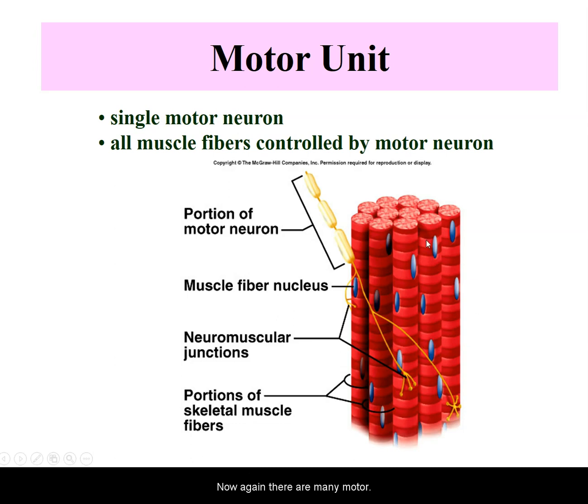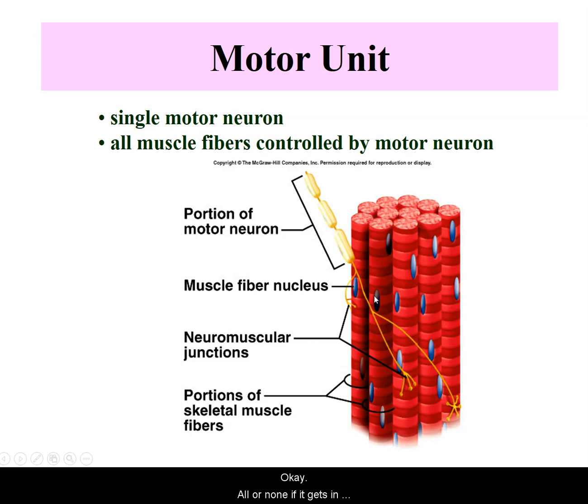Now again, there are many motor units in a muscle, so to get a slight contraction, only a few of those motor units are recruited, and then to get a strong contraction, like a tetanic contraction or a Charlie horse, all of these motor units would be stimulated and contracted.